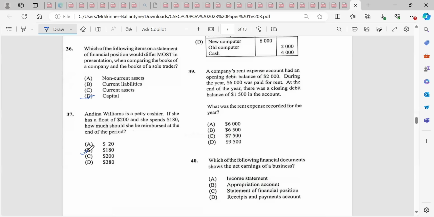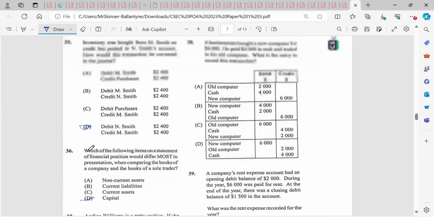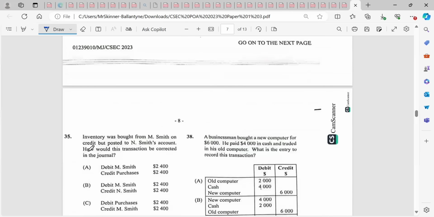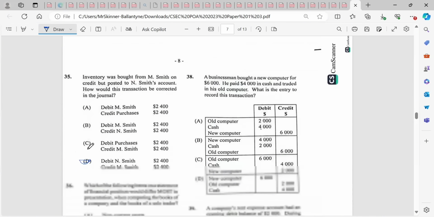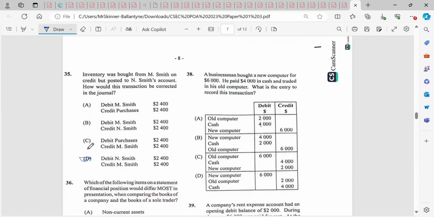Number 38, a businessman bought a new computer for 6,000. He paid 4,000 in cash and traded his old computer. What would the entry record? You're going to debit new computer 6,000, because that's the value of the new computer. You're going to credit cash 4,000, because that's how much money he spent. And then you credit the old computer 2,000, because that is the difference, how much it was worth.